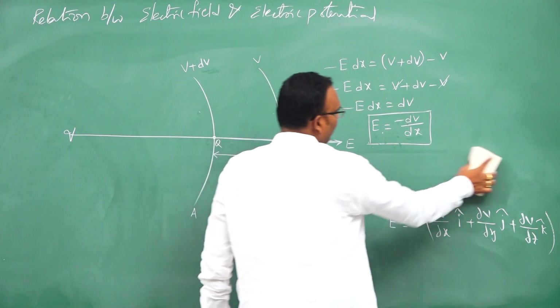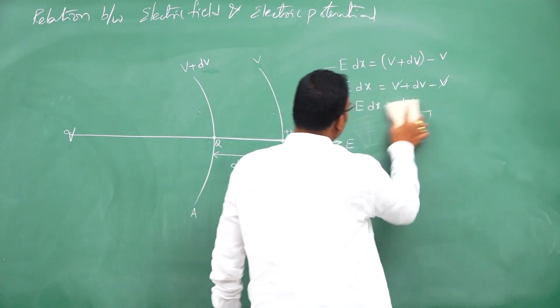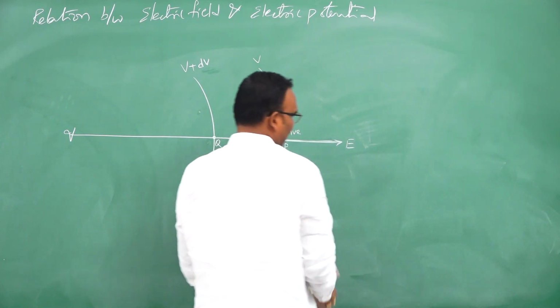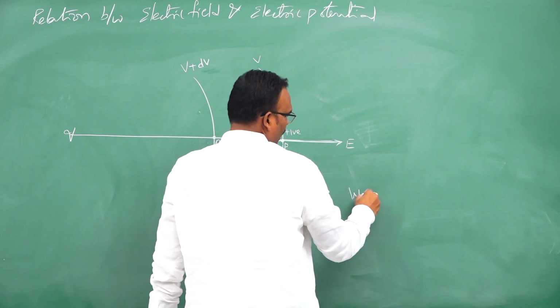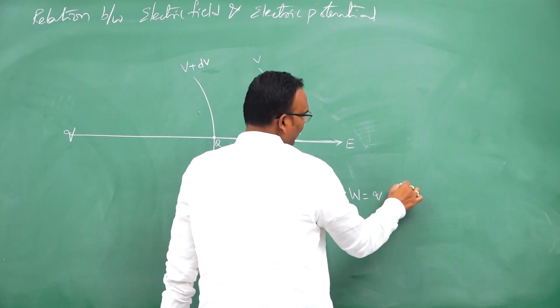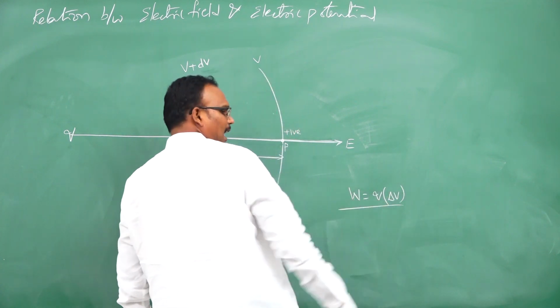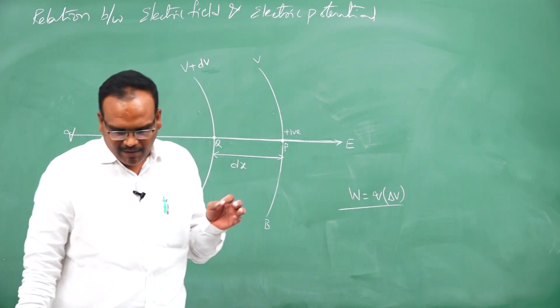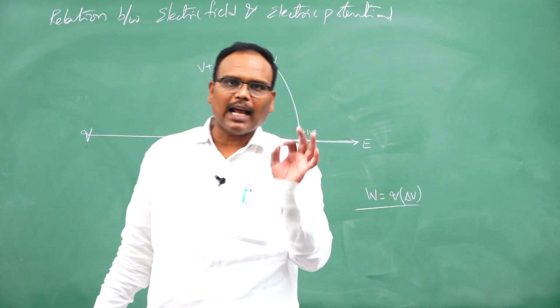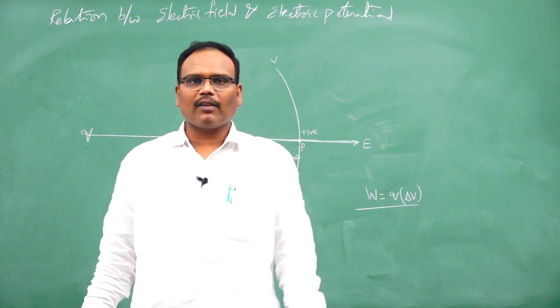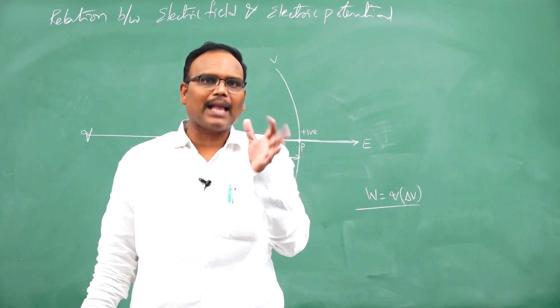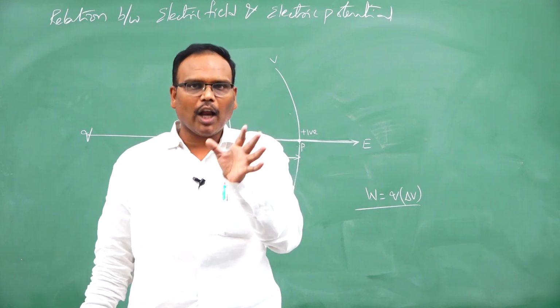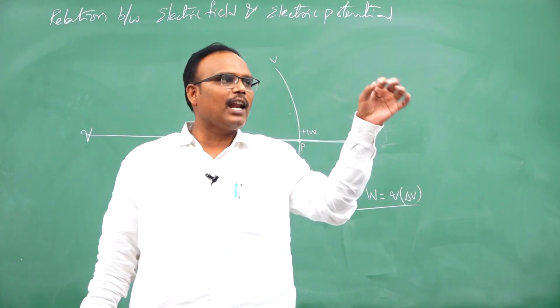Okay, here one more important point I want to discuss, that is work done is equal to Q into delta V. See, the electric field is a conservative field. So work done in conservative electric fields is independent of path. It depends only on initial point and final point.